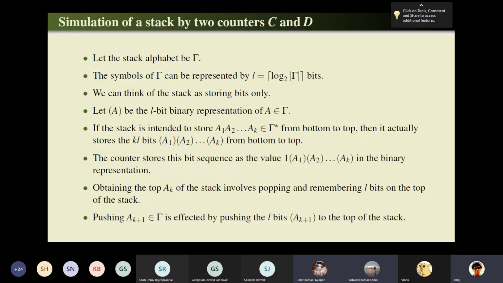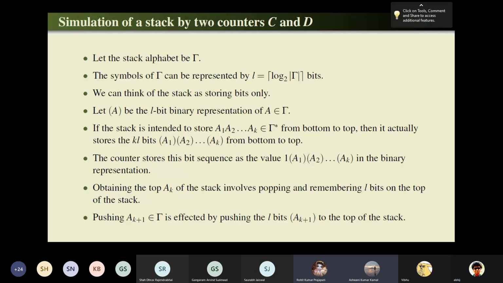So what will happen in this simulation when this stack is supposed to contain this symbol string, or equivalently this bit string? One of these two counters that I am going to use will store exactly this value, and the other counter will store 0.